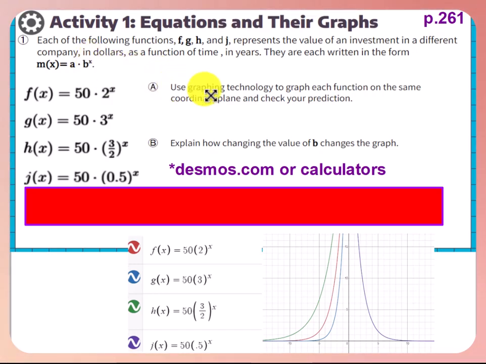X is always time. So use graphing technology to graph each function on the same coordinate plane and check your predictions. So put these equations just like they are on 4 separate lines in Desmos. Use Desmos.com, or if you have a graphing calculator, you can use that as well. We're using Desmos in Math 1.